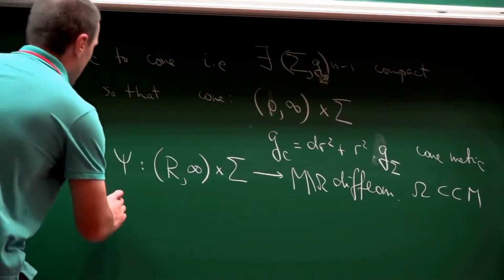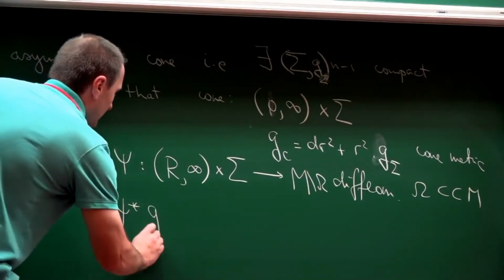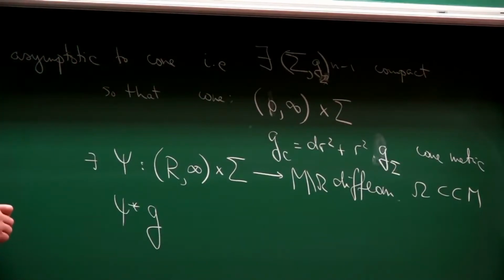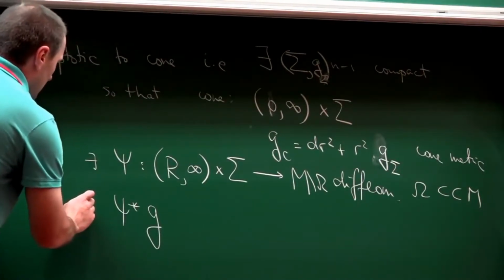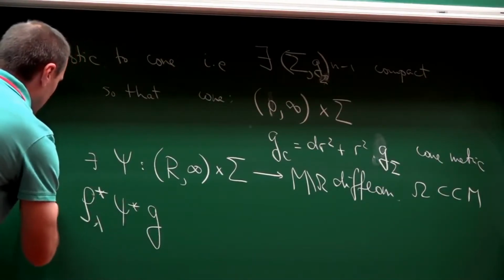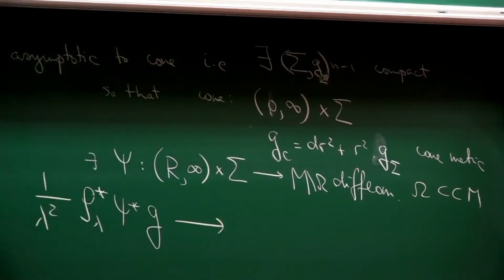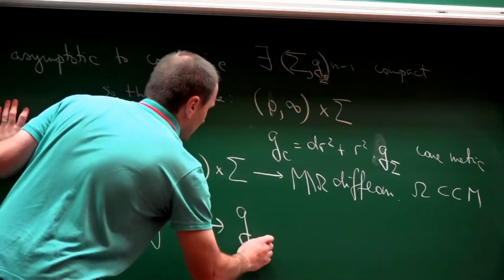And then, with respect to the metrics, I pull back the metric g by this diffeomorphism, and then I will rescale it. So this is how I rescale it. I will explain what this means in a moment. This is just the dilation. This converges to the metric on the cone.